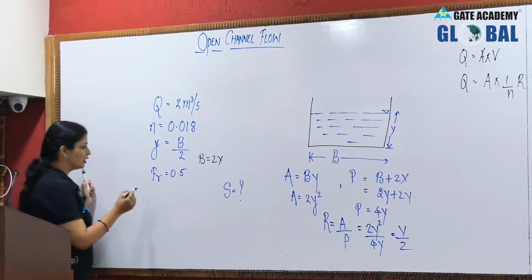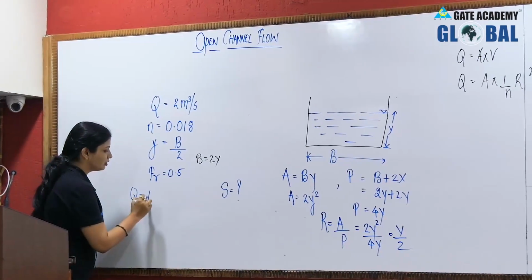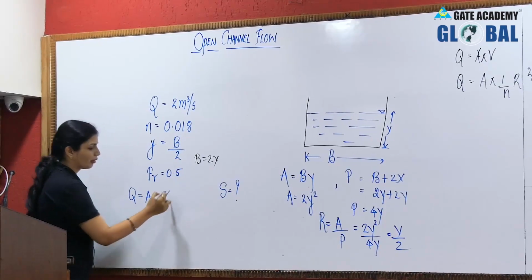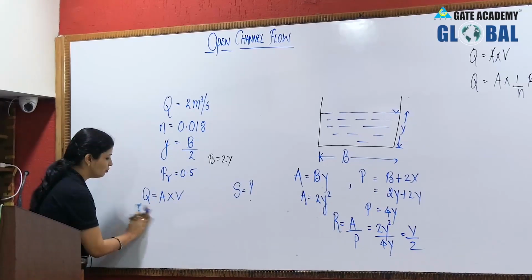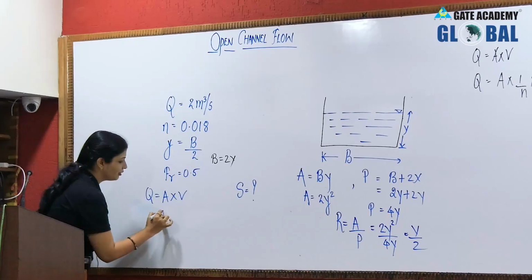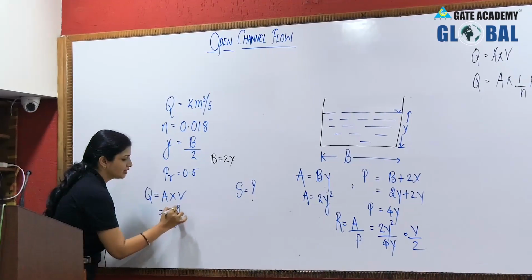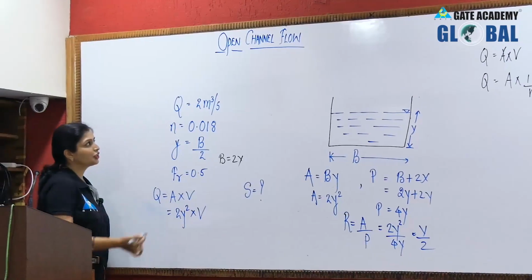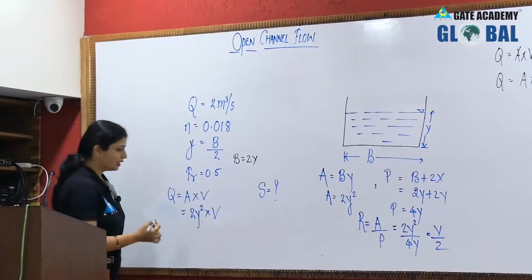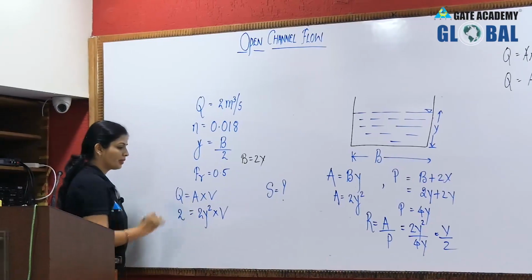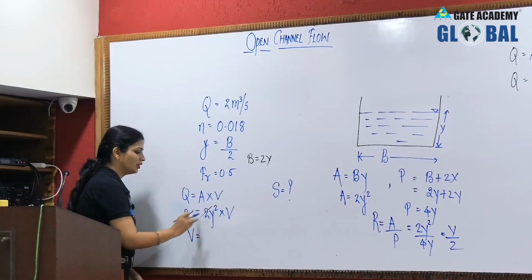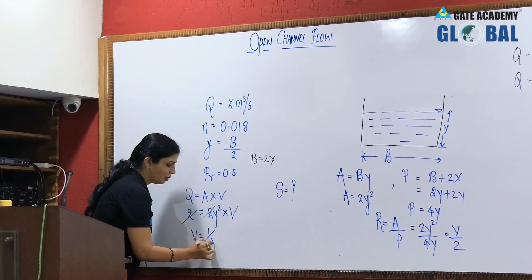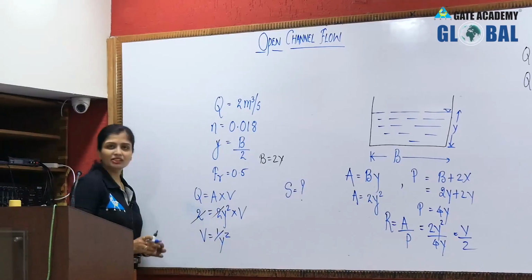But you know that Q is equal to area into velocity. Area you have been given as 2y square, so area you can write as 2y square. What is Q? Q is 2 meter cube per second. So from here, what do you get for the velocity? You get it as 1 by y square. This is understood, right?